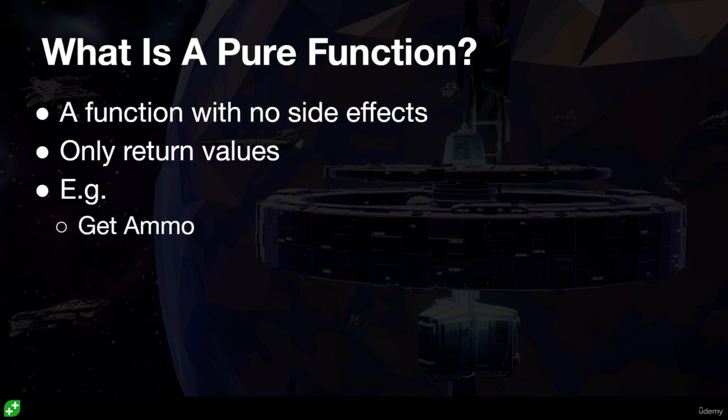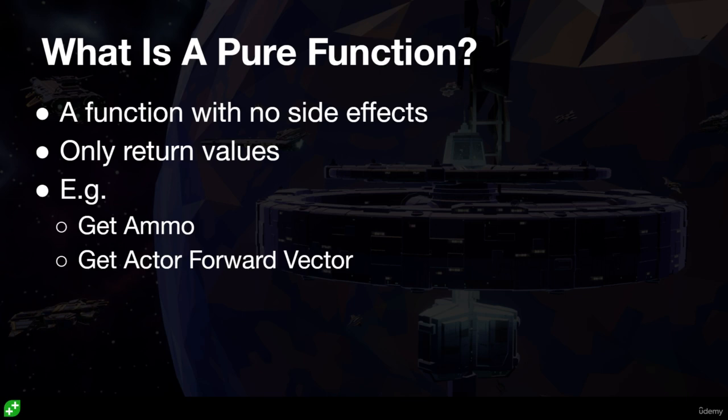GetAmmo. That is a pure function. It has no side effects because you can get ammo as many times as you like, and unless you do something with the value that you got out of it, your program, your game, is not going to be any different. You can just keep getting ammo all the time, all the way through your game, and nothing is going to be observably different about your game.